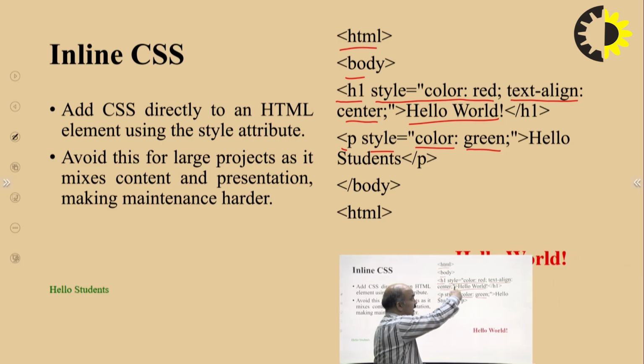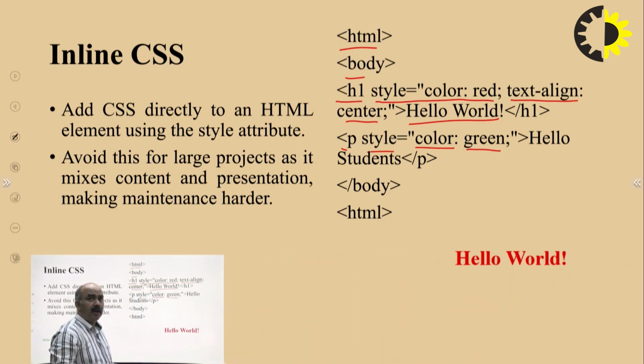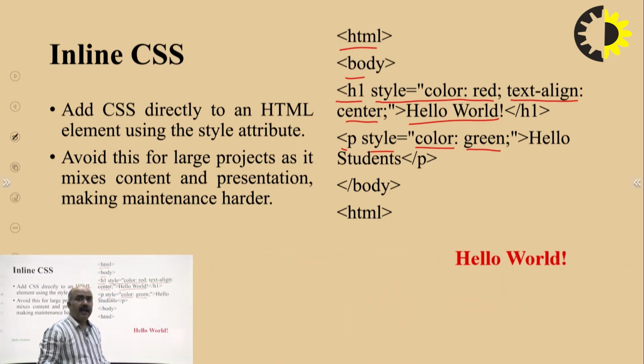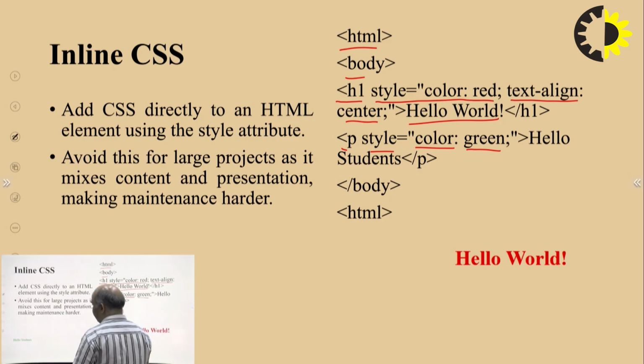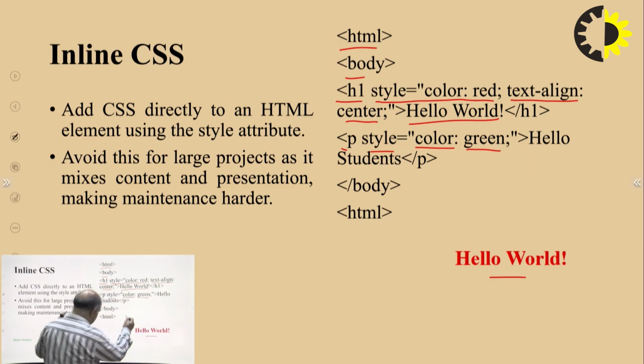So the difference between these two, H1 and P, is that here we are placing the text in the center, and here we are not aligning it at the center. So by default it will be on the left side. When this web page opens, you will see that hello world is in the middle of the screen, and hello student is at the left side of the screen.